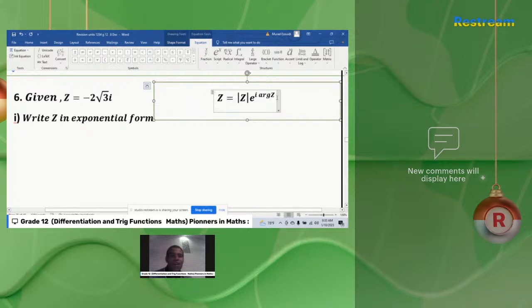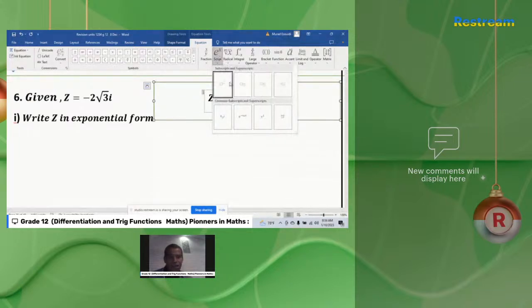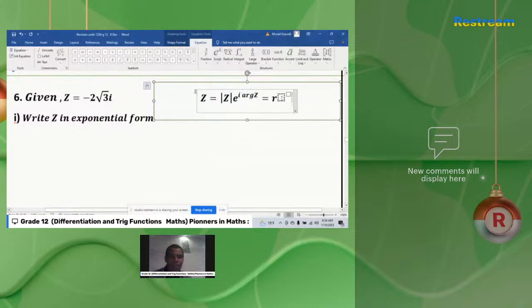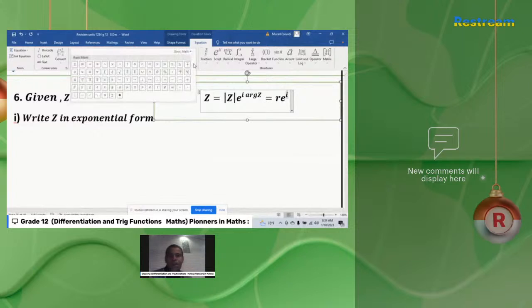It can be written as r exponential of i theta, and r here is the modulus of the complex number z.